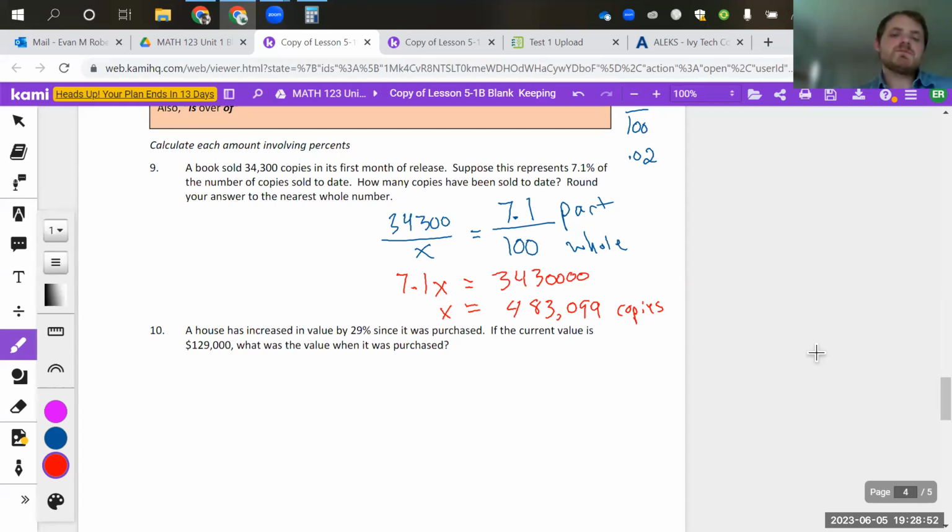This next one is a little bit more confusing, in my opinion. There are a couple of different ways you could do it.